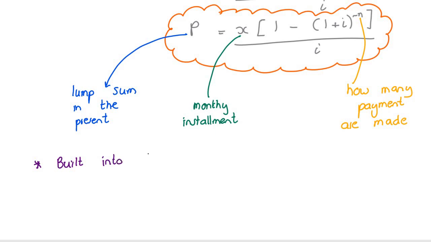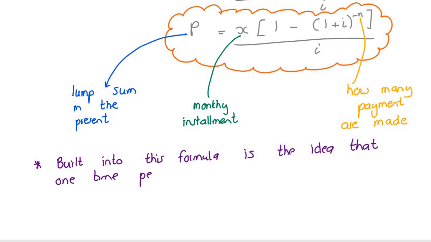Built into this formula is the idea that one time period passes, now I say time period because you could be paying monthly, you could be paying quarterly, you could be paying annually, so it depends. So one time period passes, and then the first payment is made, either paid to you or obviously paid by you.